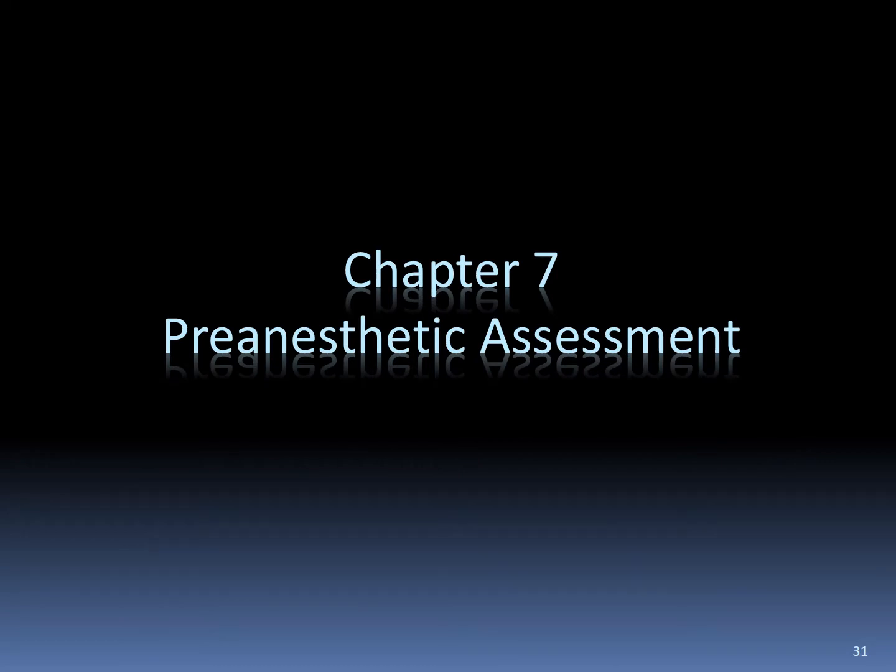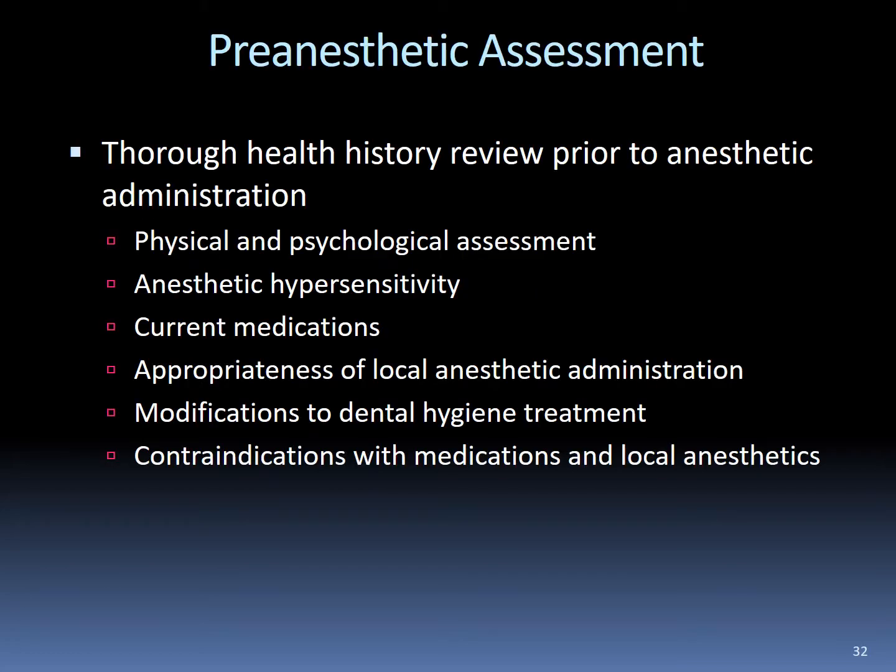We will be moving now into one of the most important chapters, pre-anesthetic assessment. We must conduct a thorough health history review prior to the administration of any local anesthetic agents. We must assess the patient's physical and psychological state. We must determine if any anesthetic hypersensitivity can occur.